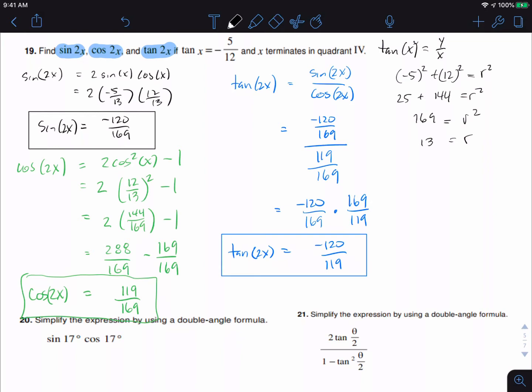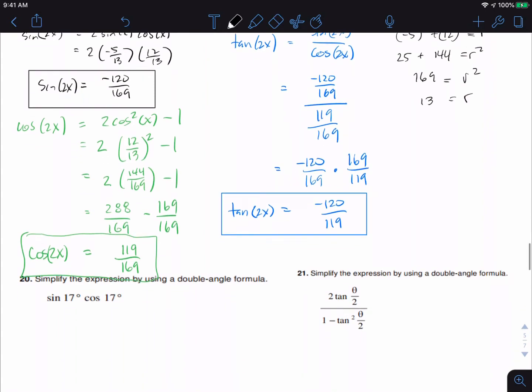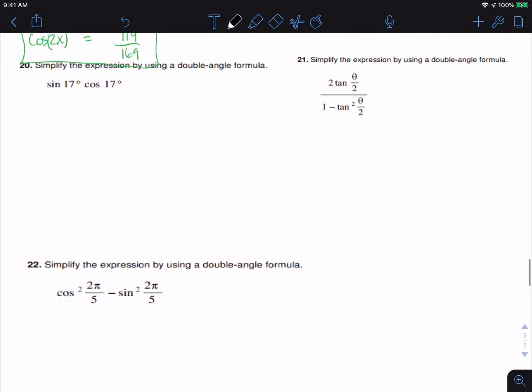So, all right, let's go on to number 20. Here's 20. We're given sine of 17 degrees and cosine of 17 degrees, and we can actually use some formulas for this.